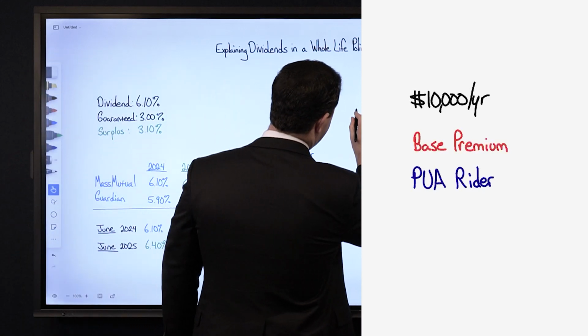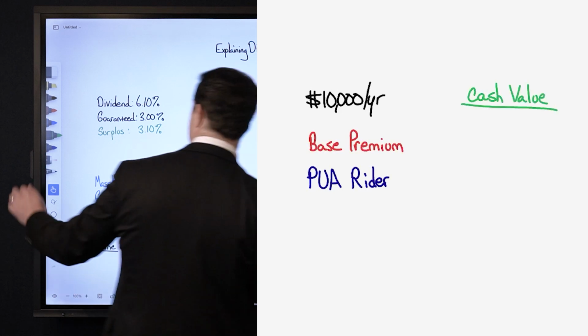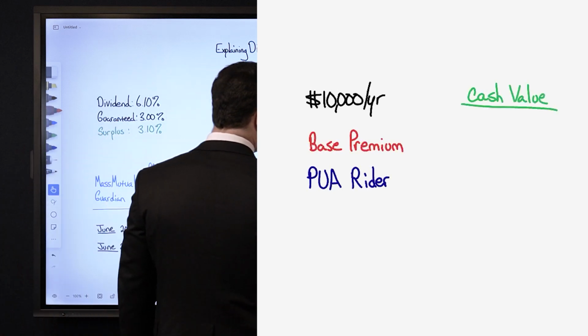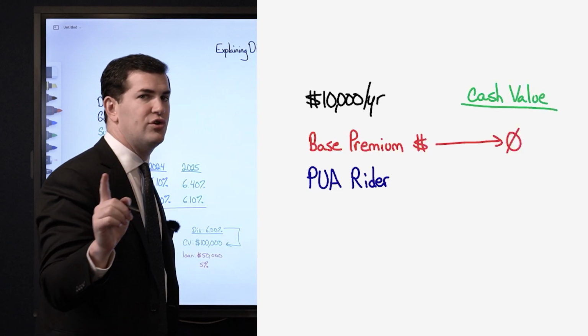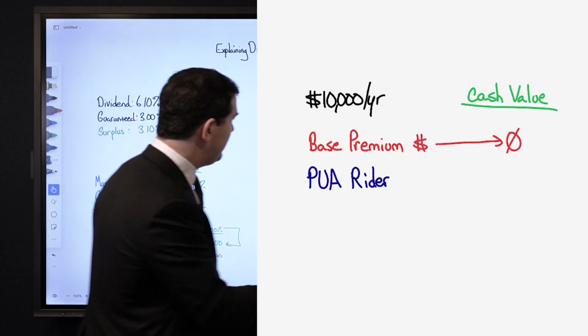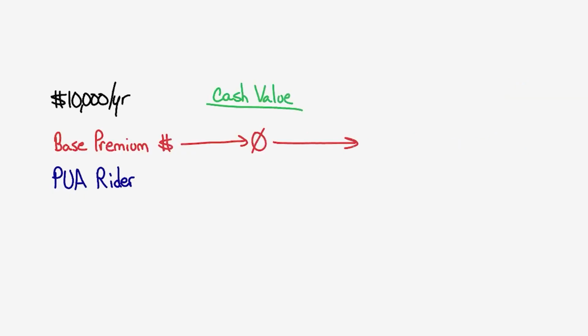So if we're looking at cash value, what you'll find is that dollars you pay toward the premium do not build any cash value, especially in the first year. And the reason why is because the insurance company is going to overcharge us for the death benefit up front, which is the actual life insurance.